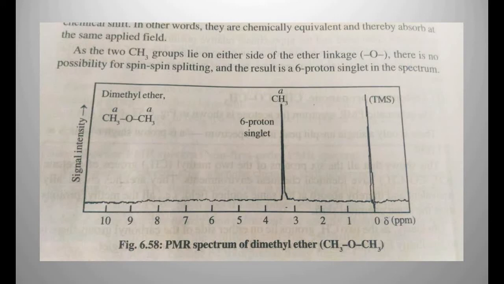On the left and right side of the oxygen linkage, there are 3 plus 3, 6 protons on the 2 carbons, but they are in the same or identical chemical environment. They are chemically equivalent protons, and also there is no chance for coupling because the oxygen in the middle will prevent the coupling. So we have a singlet for the 6 protons at 3.5 delta for diethyl ether.